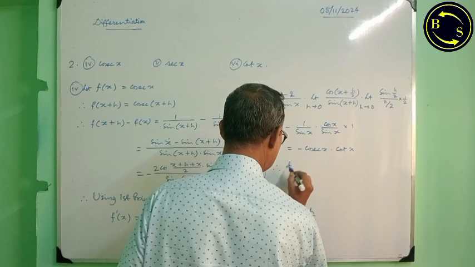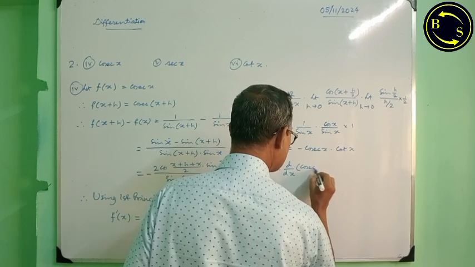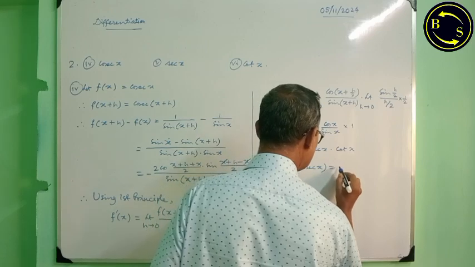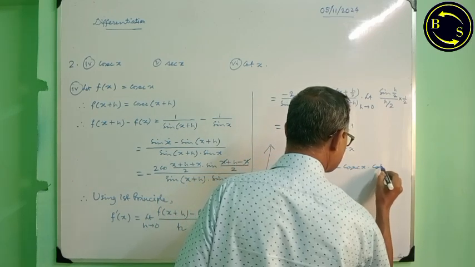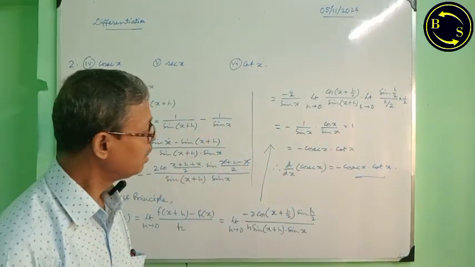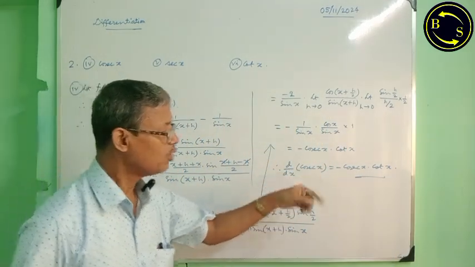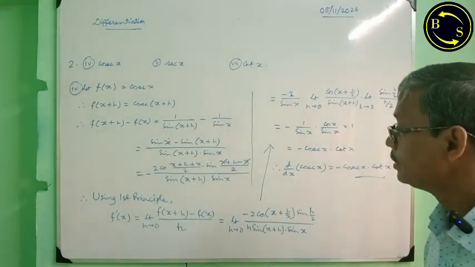Therefore, d/dx of cosec x will be equal to minus cosec x into cot x. Derivative of cosec x, we have got the result minus cosec x cot x.